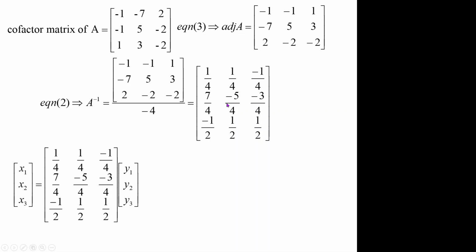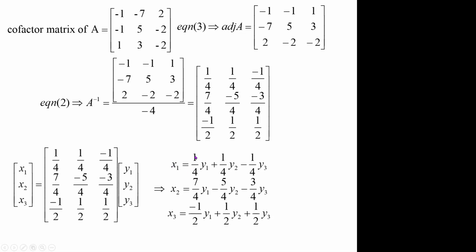Now putting this in, the matrix X with x1, x2, x3, that is capital X, is equal to A inverse into Y. What is Y? The column matrix of y1, y2, y3. Now multiply these two matrices. We get x1 is equal to 1 by 4 y1 plus 1 by 4 y2 minus 1 by 4 y3.